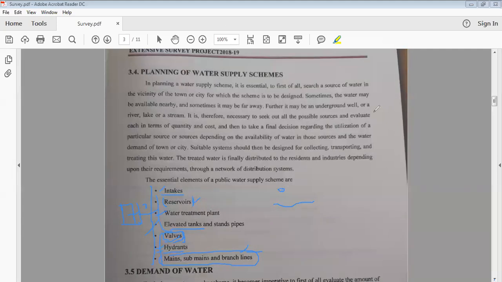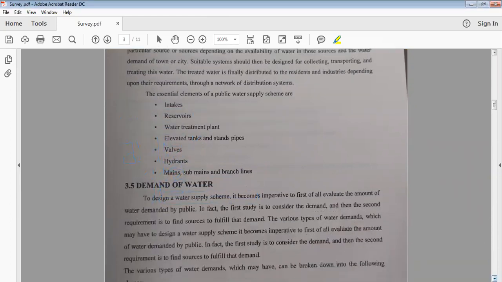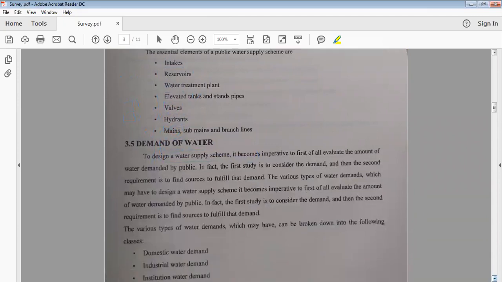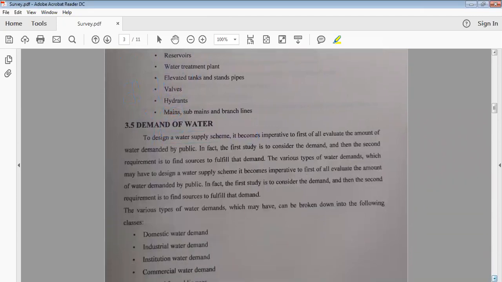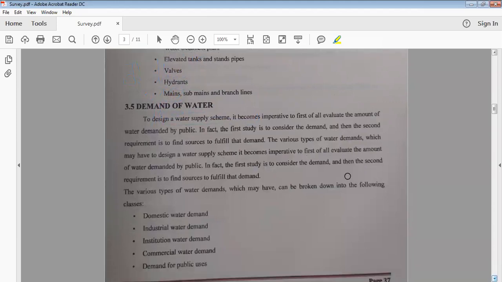So we will move on now. The first unit you studied was the demand of water, right? So you used to forecast the population there. Once we build any structure, it should withstand the future population, right? So here some concepts are coming. You already know this.